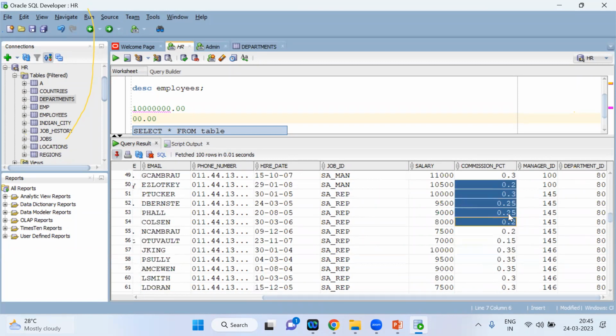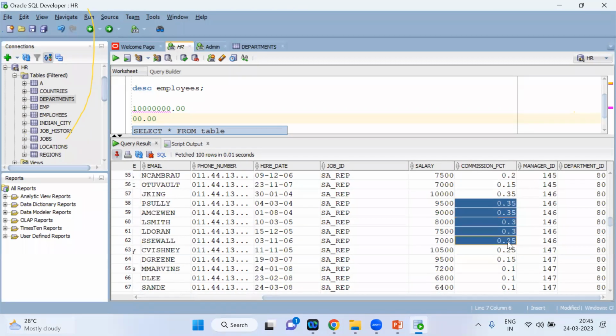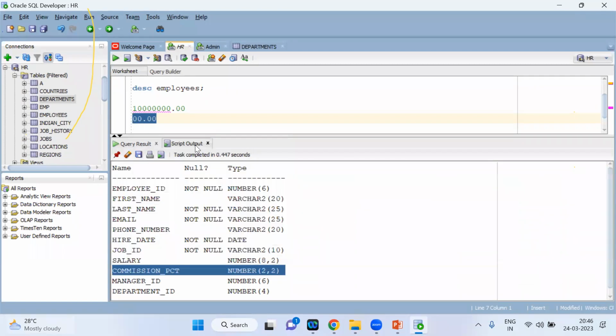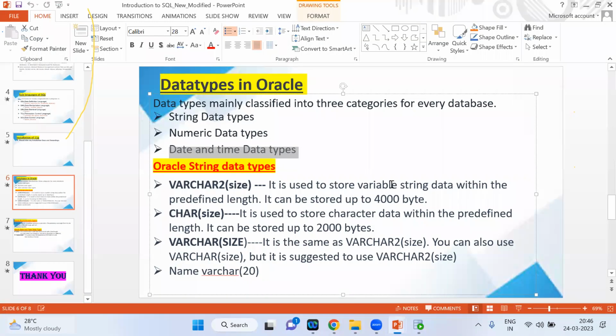You will not find 3 digits after the decimal. It will support 2 digits only. So this is the meaning: before the decimal, 2 digits, and after the decimal also, up to 2 digits. That is the meaning of 2,2.